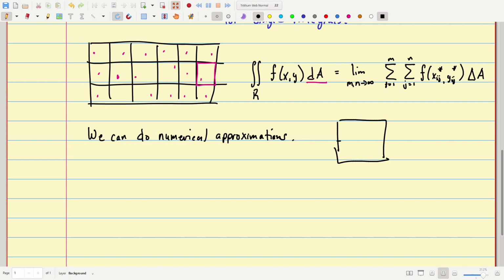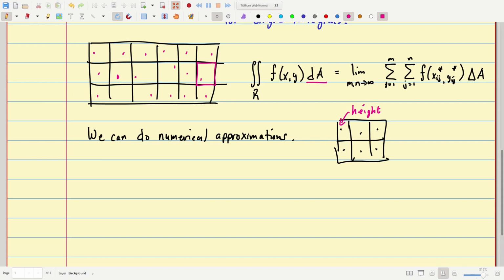If I have a simple grid, and we'll just choose a 2x3 here, we select a point in each one of these regions. And the way that I would approximate the area under the surface on this grid is to just take each of these heights. So there's a height associated with that choice of point.